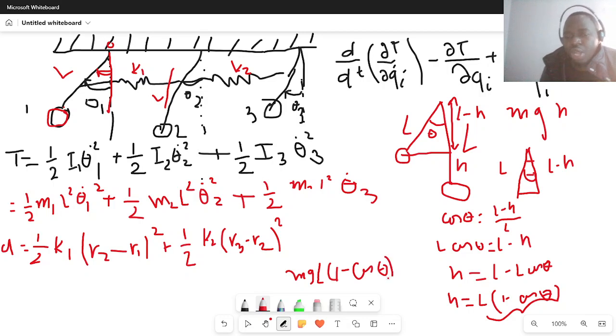Now only what you have to remember is this formula here. When you have a pendulum or a mass swinging at an angle, you know that my H will be L(1 minus cos theta). This is what you need to remember, but I was just showing you how we got to this point. It's better to know what we are doing.